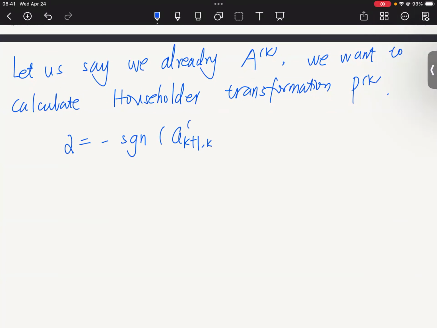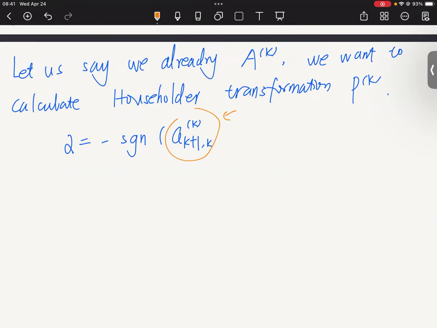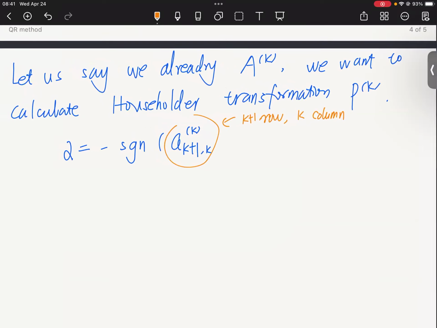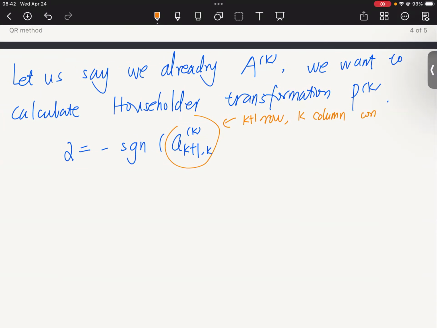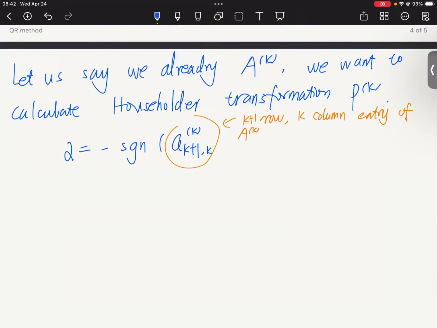And it's from the matrix AK. In case you cannot read this complicated notation, it means the entry in the K plus 1 row and K column of the AK matrix. Okay, so this is the meaning of this notation.